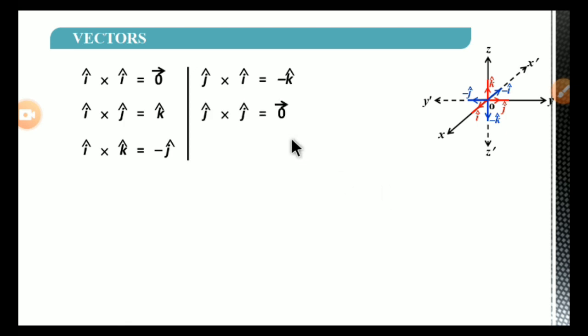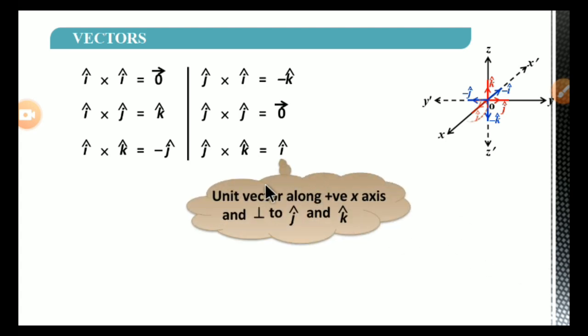Similarly, j cross j is equal to 0 vector, because j is parallel to j only. And next, j cross k is equal to I, because I cap is the unit vector along positive x-axis and perpendicular to both j and k vectors.